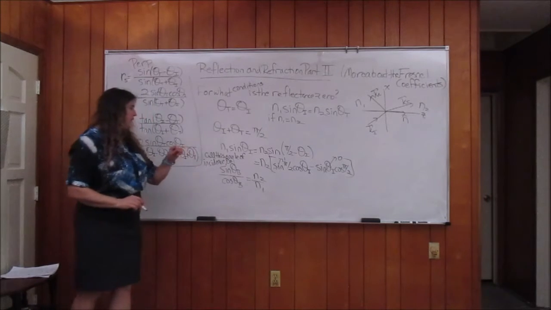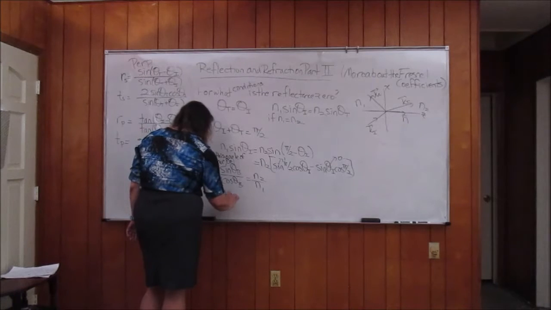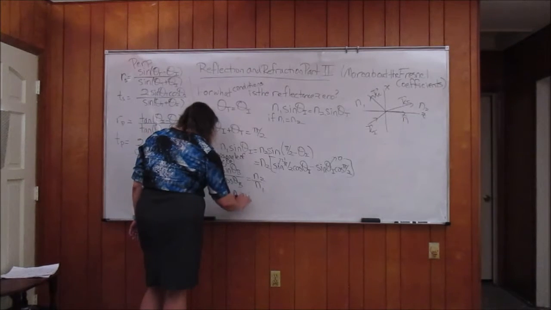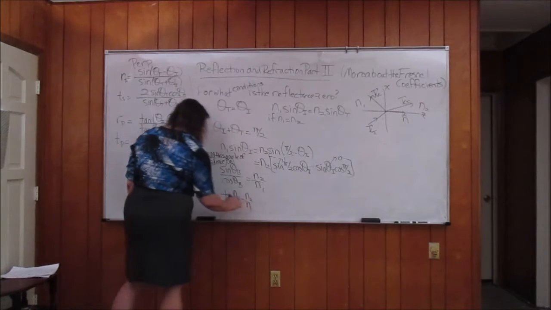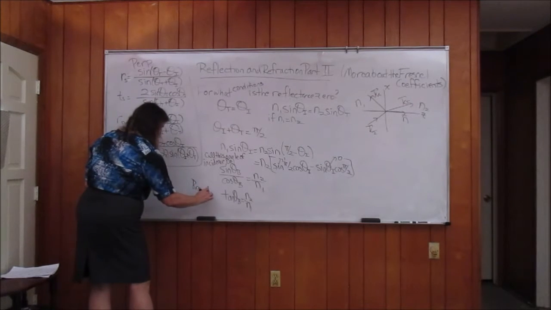So we're going to call the angle of incidence here theta B, and tangent theta B is equal to N2 over N1. And that is Brewster's law.